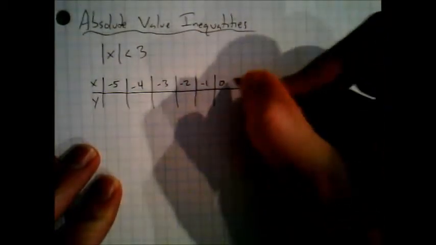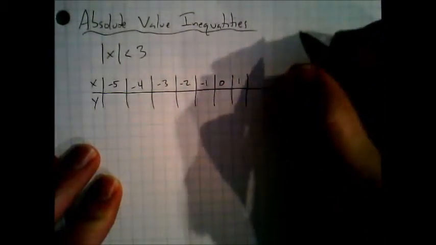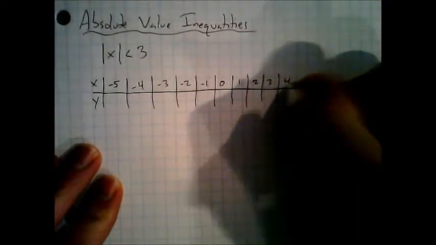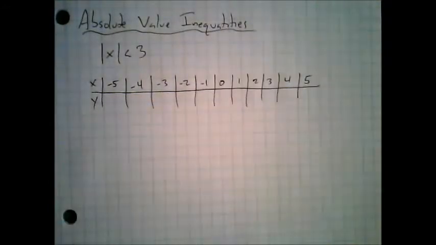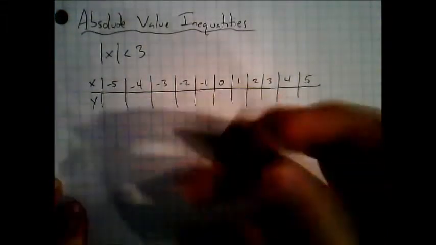This is going to help us understand the behavior of absolute value functions. We're saying if x is -5, our y is going to be the absolute value of x. So the absolute value of -5 is +5.